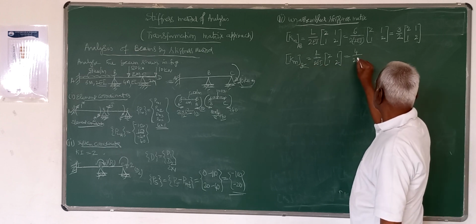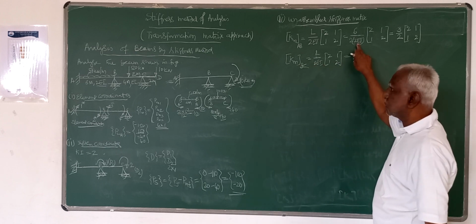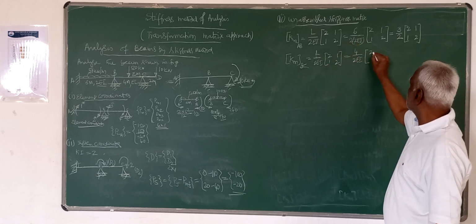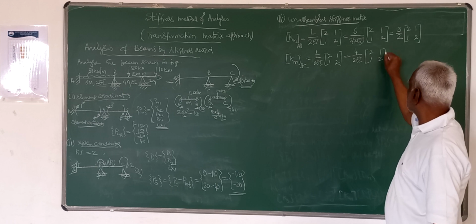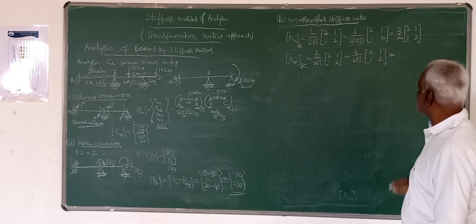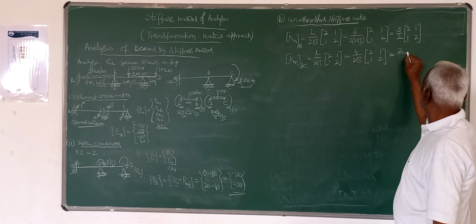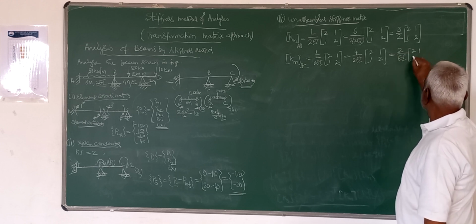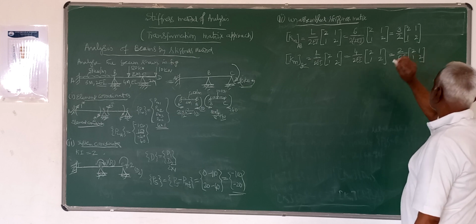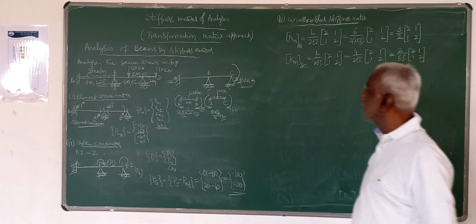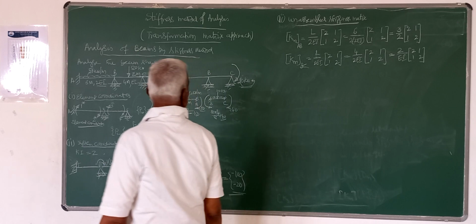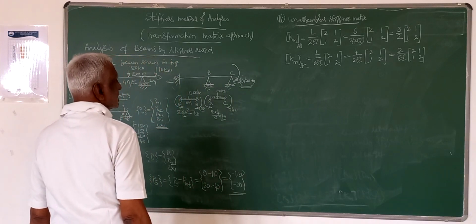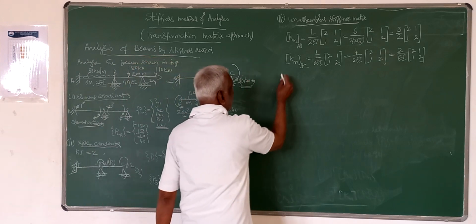Here the flexural rigidity is EI itself, whereas for AB it was 2EI, here it is just EI, then it is 2, 1, 1, 2. Or this is nothing but 2 by EI, 2, 1, 1, 2. This is the element stiffness matrix.